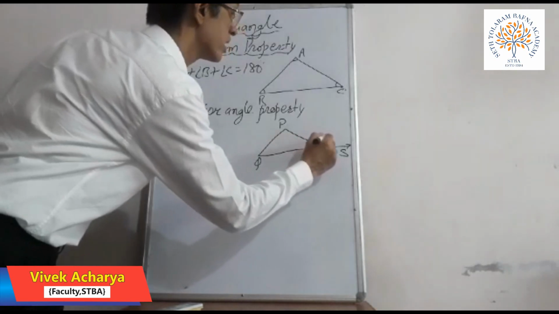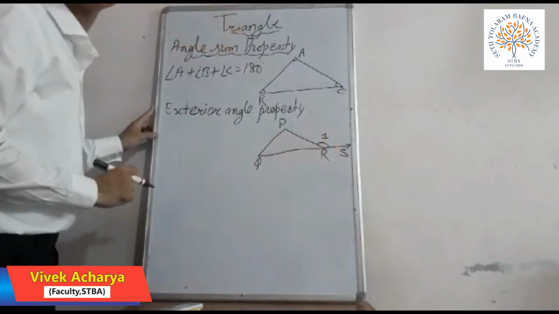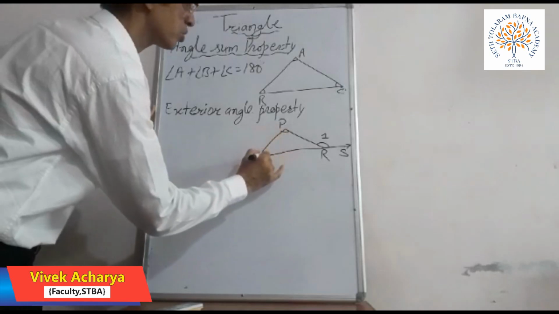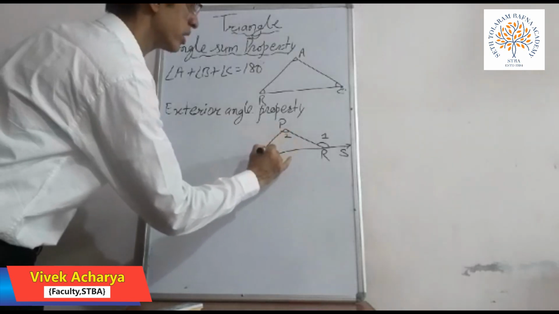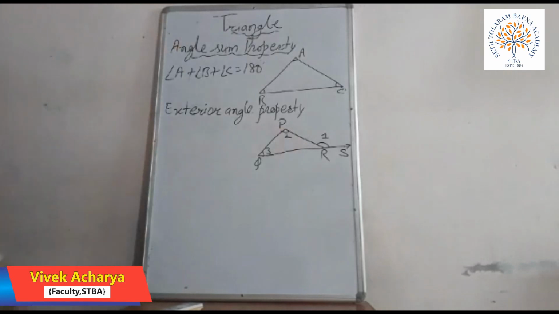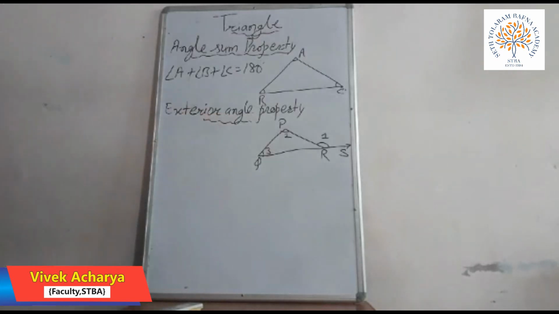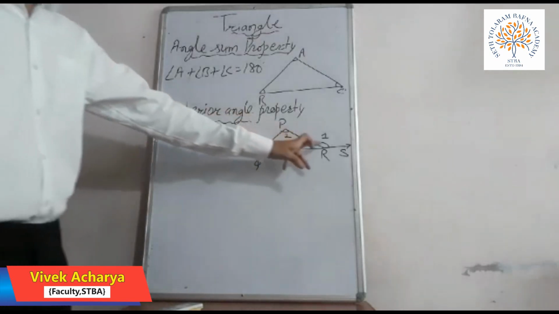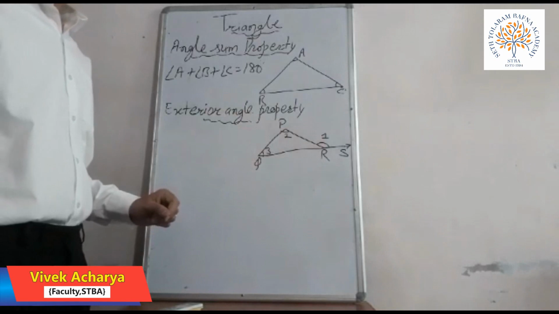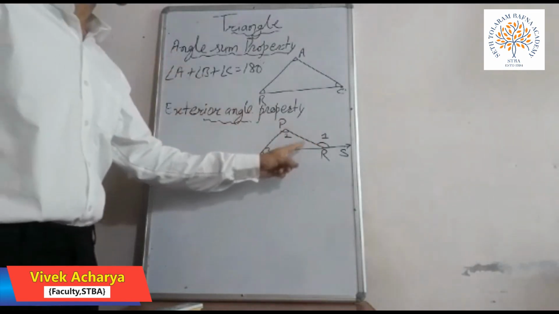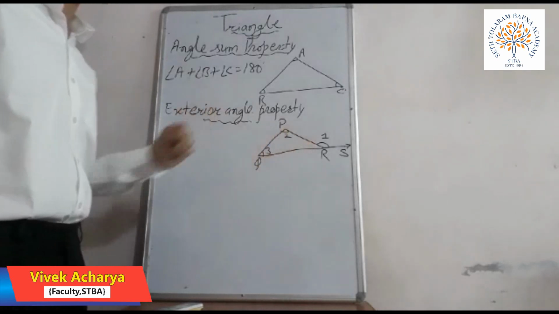You can give any name to this angle, angle 1, okay? And if I call these two angles, angle 2 and angle 3. So according to the exterior angle property, children, just remember that the exterior angle of a triangle is equal to the sum of the interior opposite angles.